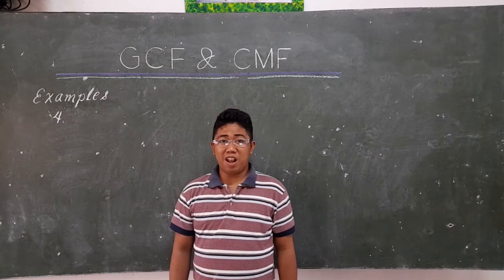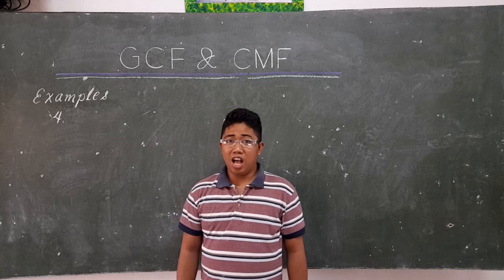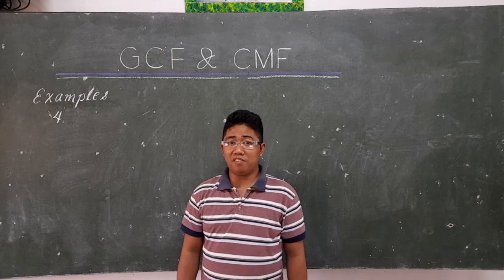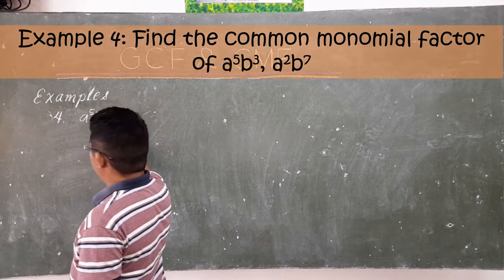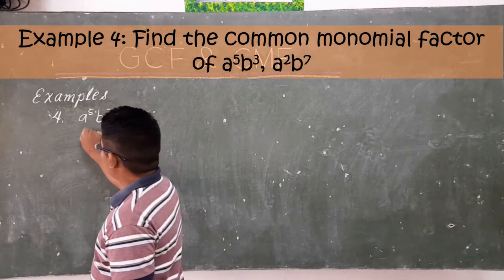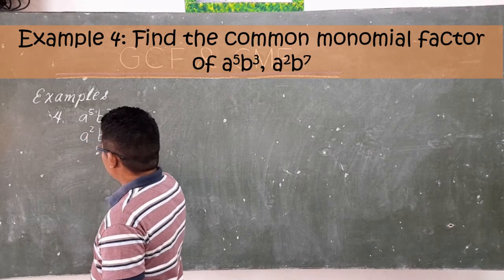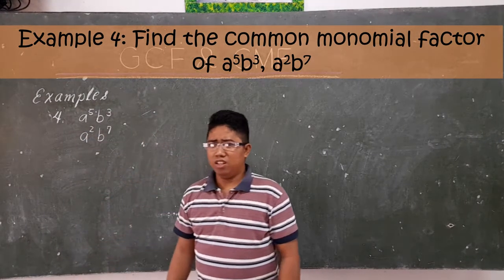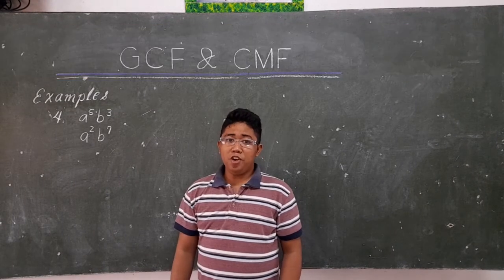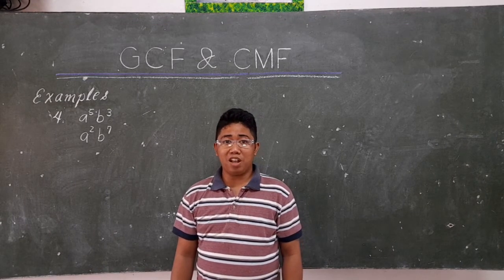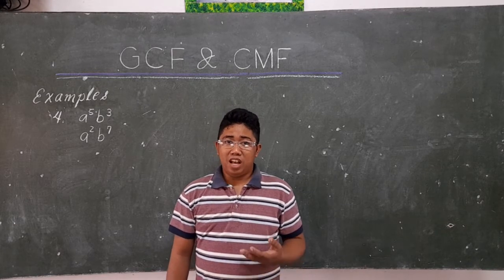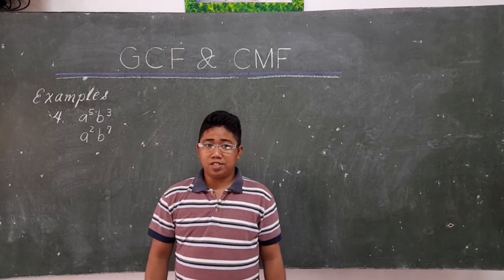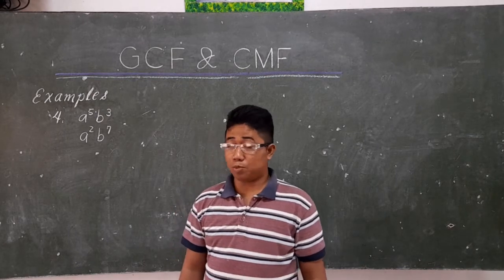Okay, this time we will have another example. We are looking for the common monomial factor of a to the power of 5 b cubed and a squared b raised to the power of 7. In order to find the common monomial factor, we have to express each in its own factor form.